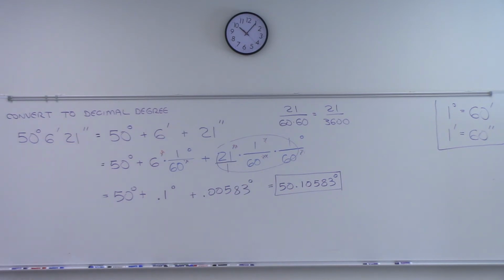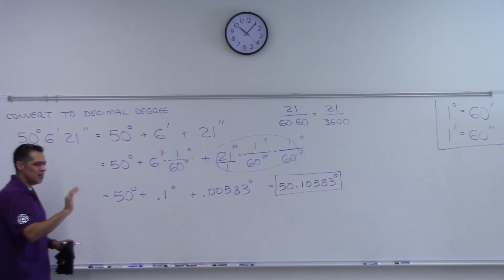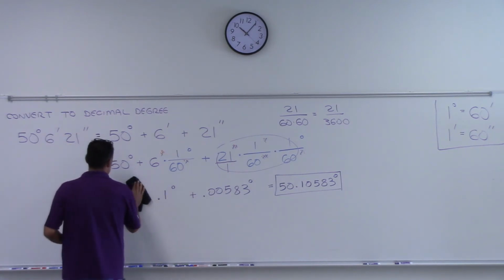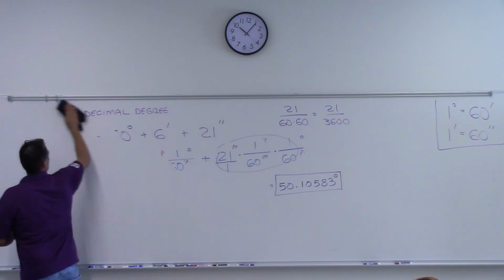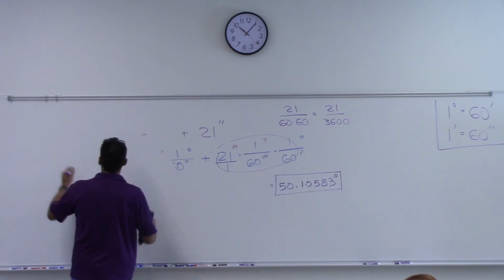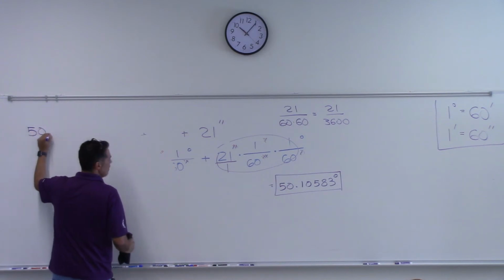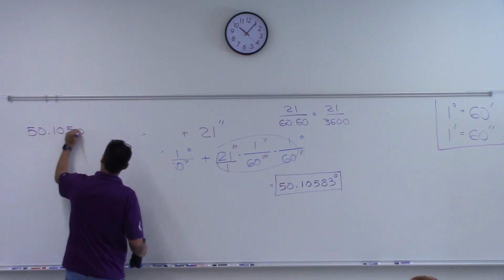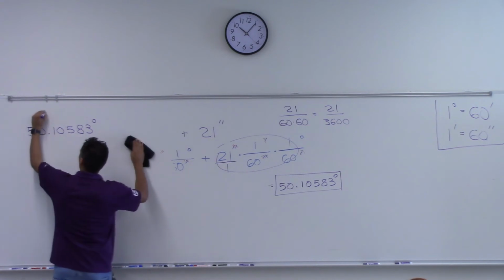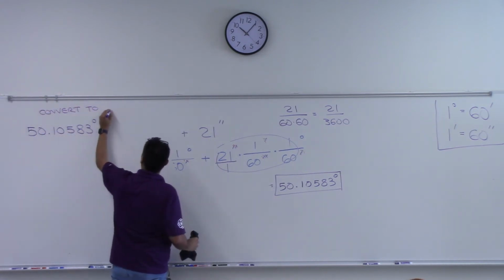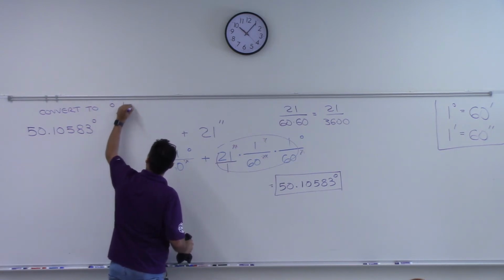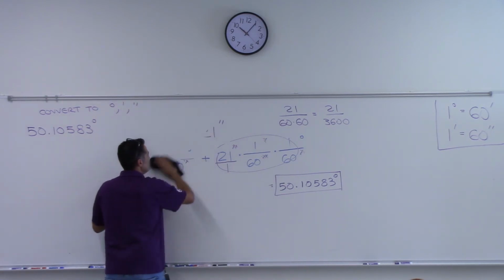All right. Let's take that answer and go back to this. Okay? Because going backwards is a little bit weird. So we know this is going to be our final answer. But let's start with 50.10583 degrees, and let's convert this to degrees, minutes, seconds. You get the idea, right? I want that in degrees, minutes, seconds.